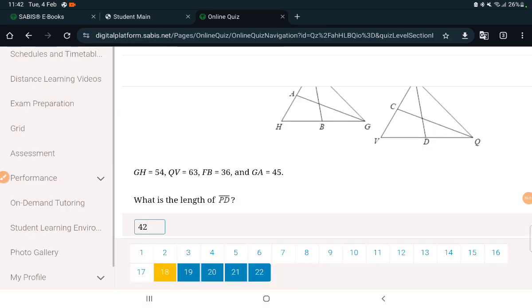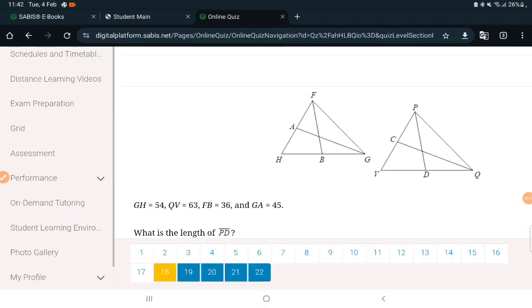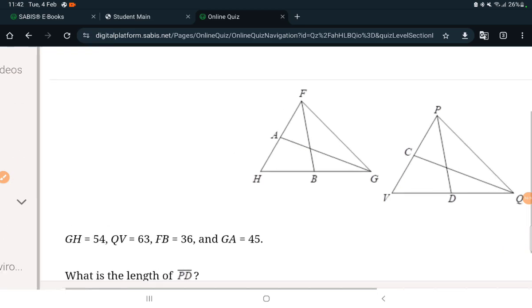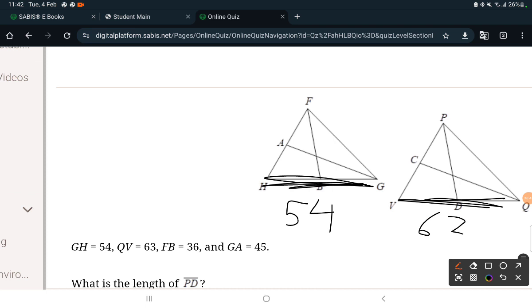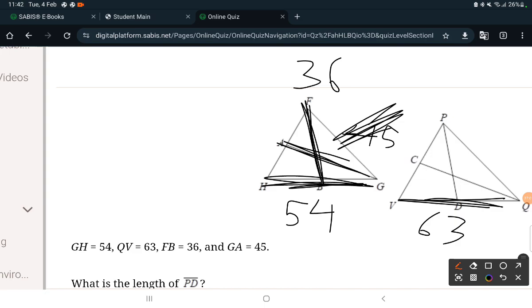Do you guys understand why? Because look, GH is equal to 54. QV is 63. FB is 36. And G is 45. You could just forget about GA because it's useless. It won't give us any information. So just forget about GA and focus on 54, 63, 36.